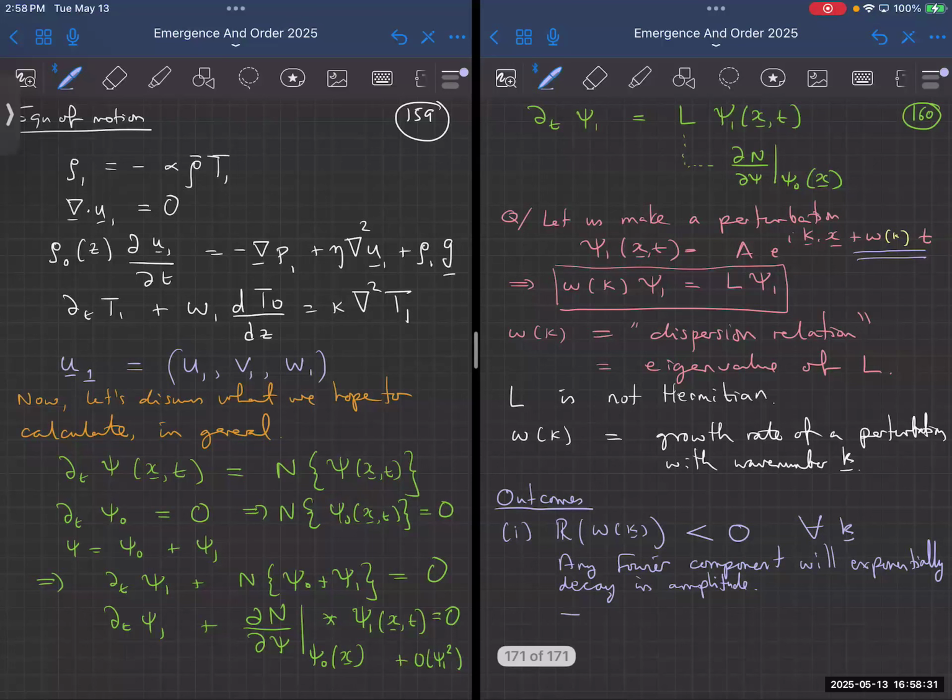And so what that means is that if that happens, then we would say that the state that we're expanding about, psi naught of x, is stable.